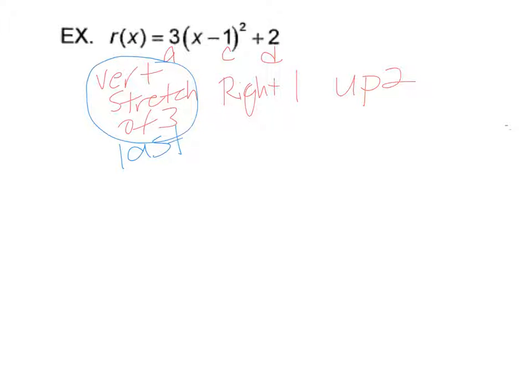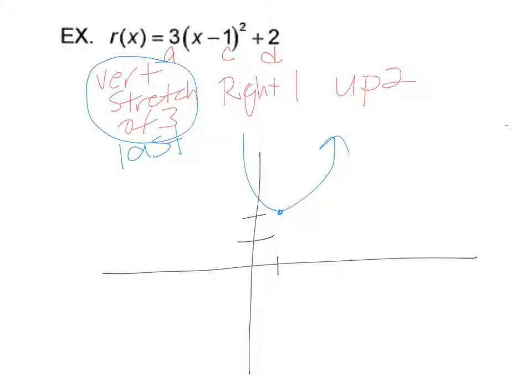Do that last. It's an x squared, that's a parabola. And it's moving right 1 and up 2. So it's normally anchored at 0, 0. We're scooting that right 1 and up 2. And then it's a vertical stretch, so it's going to become more narrow. So I need to draw a second one to show that I've stretched it.